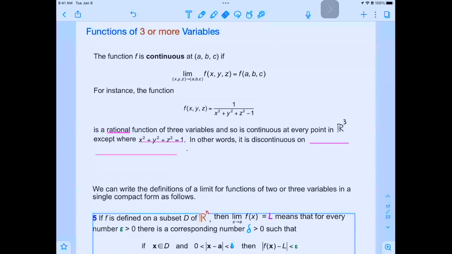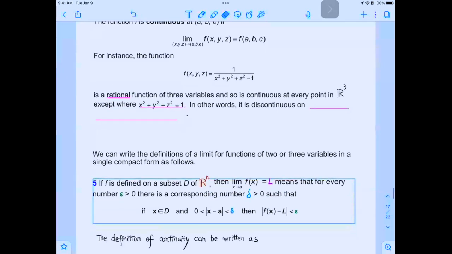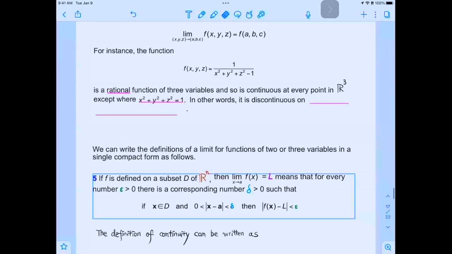But looking at this equation, what kind of surface corresponds to that? I heard something. What did you say? It's a sphere. Okay. So Benji just said that it is a sphere. So it's a sphere with center at where? At the origin, and then with the radius to be what? 1.